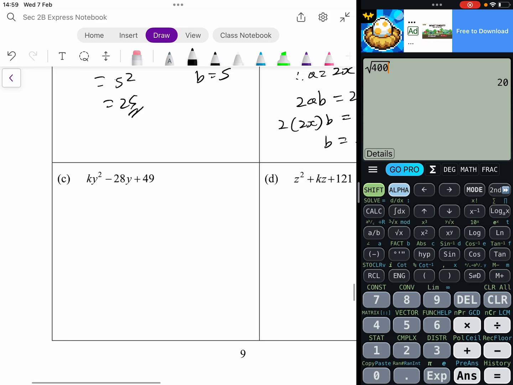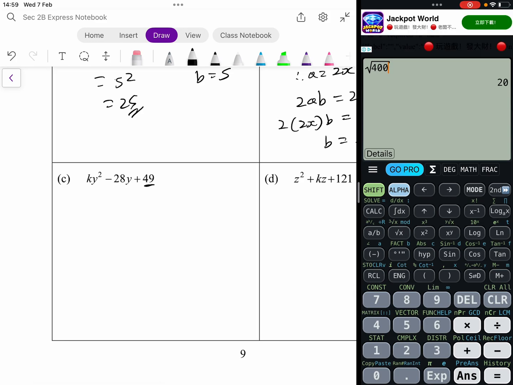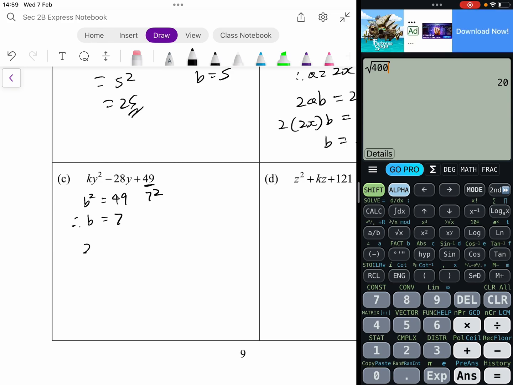Okay. From here, now we start with b. This is 7 squared. So we know that b equals to 7. Right, b squared equals to 49, b equals to 7. So again, 2ab equals to 28y. So now our b is 7, so 7 times 2, 14a.